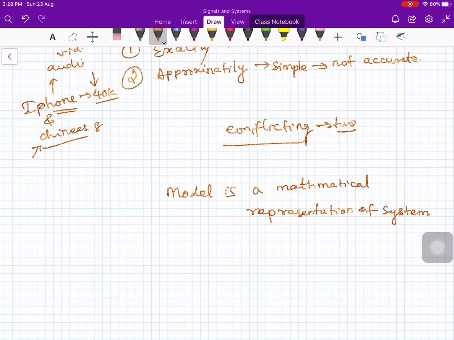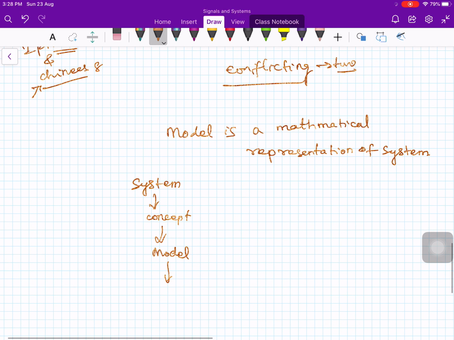So we have many tools available to analyze the systems. First the system, and we should know the functioning of the system, then the concept, then the model, and this model can be analyzed by using mathematical tools.